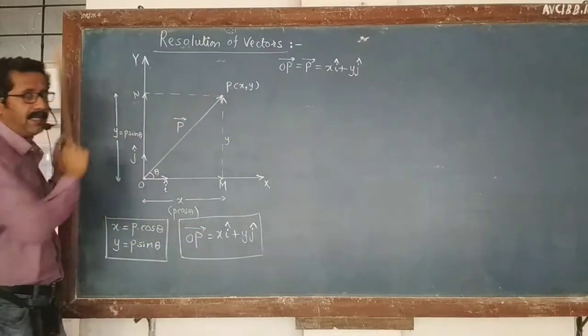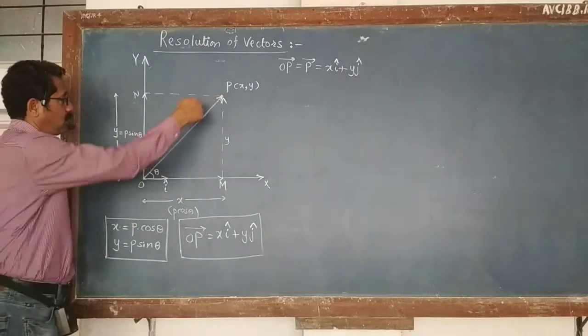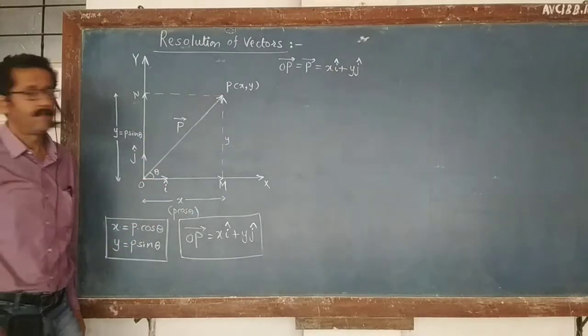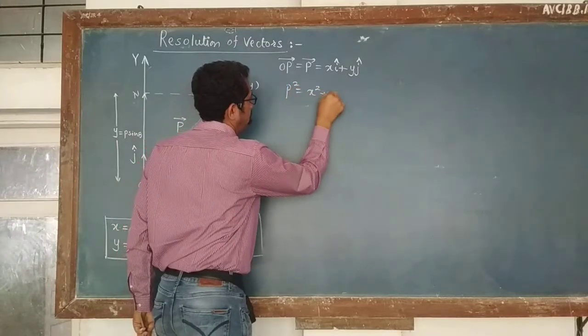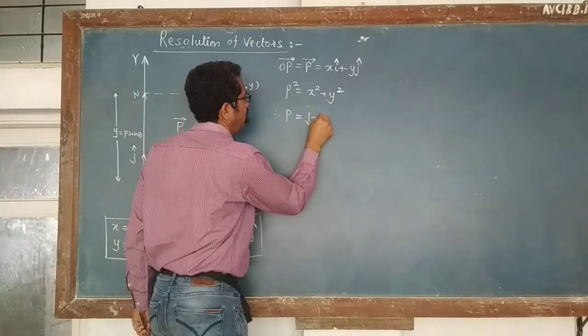Magnitude means how long it is, so I can use Pythagoras theorem: p squared is equal to x squared plus y squared. Therefore p is equal to square root of x squared plus y squared.